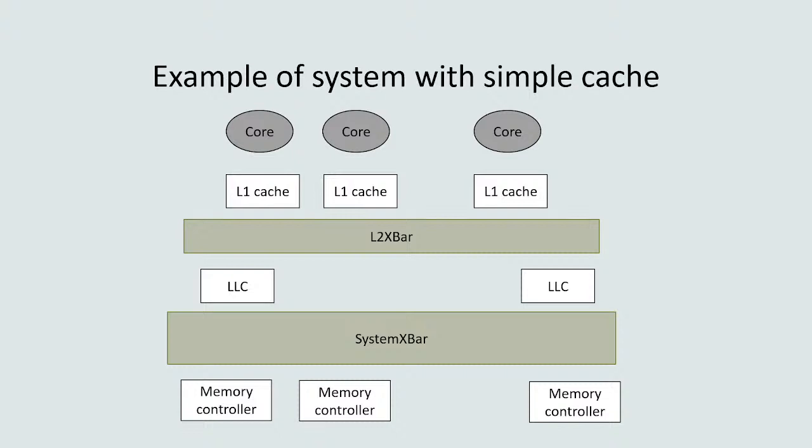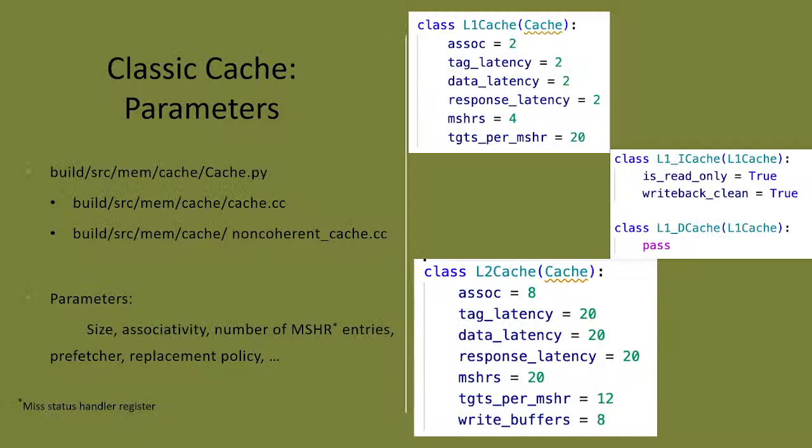I believe you did an example of a classic cache yesterday. There are multiple options there that, based on your design, you can change. It pretty much has all of the options that you need to change. Again, just as a reminder, when you build your system, there is source code for a cache and a non-coherent cache that's being created.